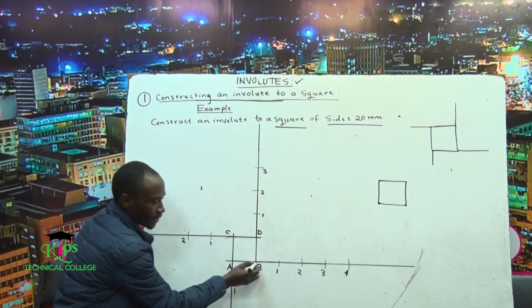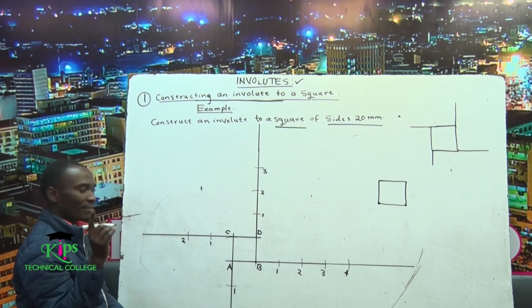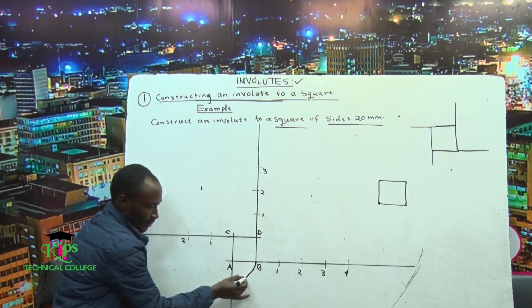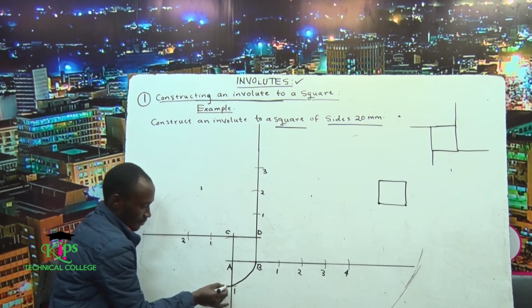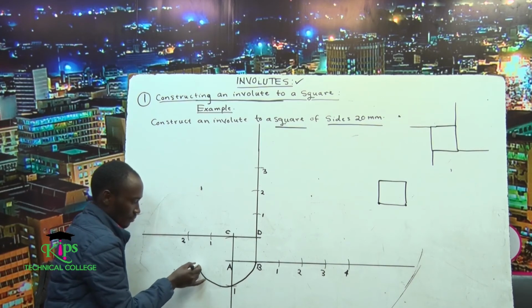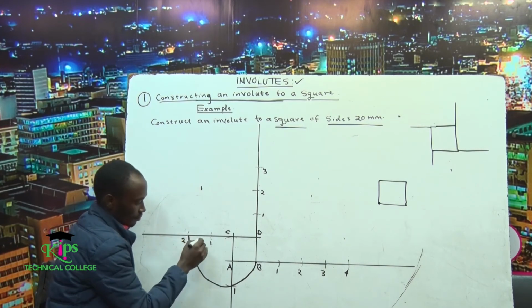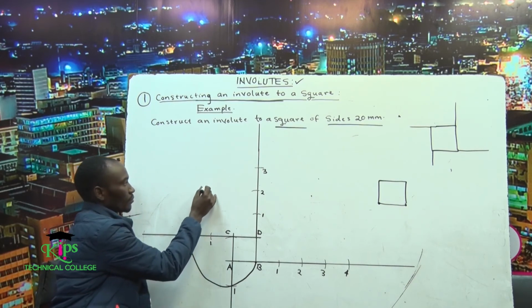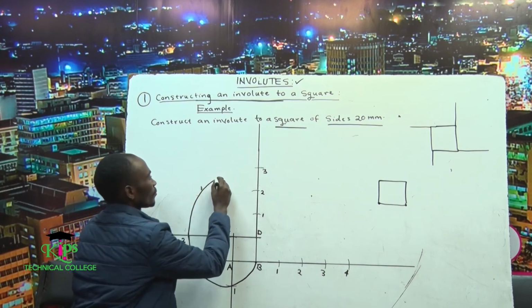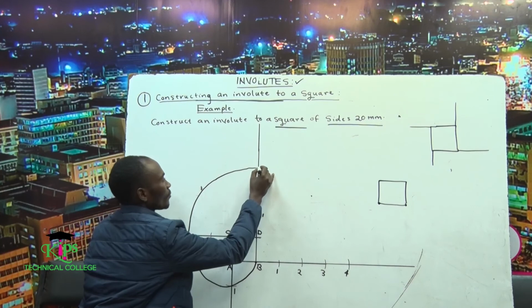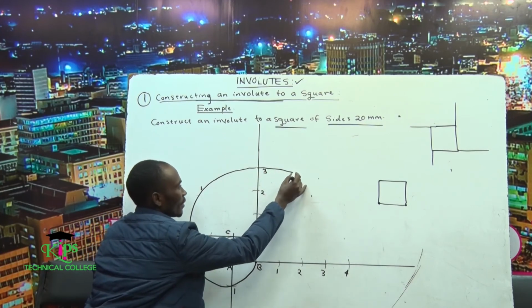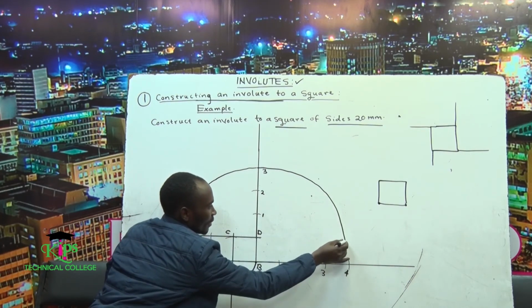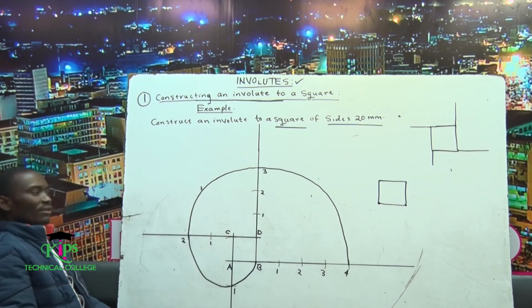So starting at point B, I will draw a very fair curve. So that is my fair curve.